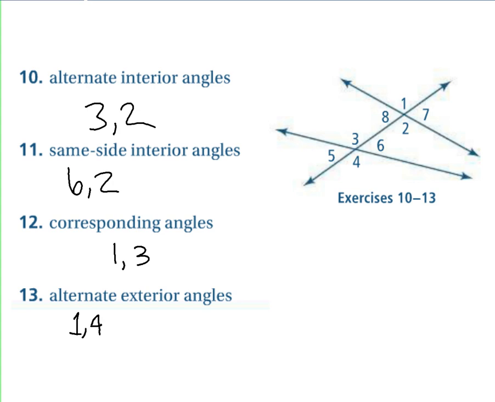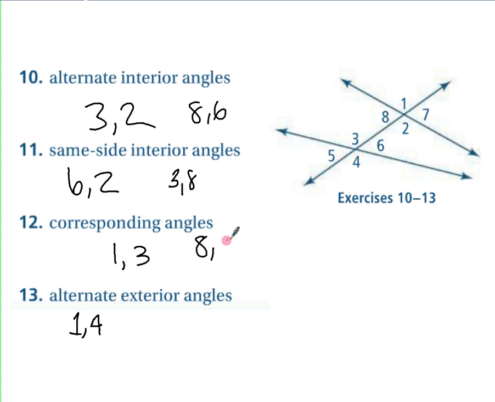Okay, so let's see, we said 3 and 2 for alternate interior angles. What's another pair? 8 and 6. Okay, same side interior. We said 6 and 2. What's another one? 8 and 3, or 3 and 8. Okay, corresponding angles. We have 1 and 3. What's another one? 3 and 5.